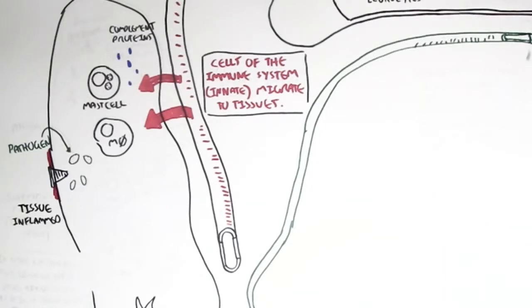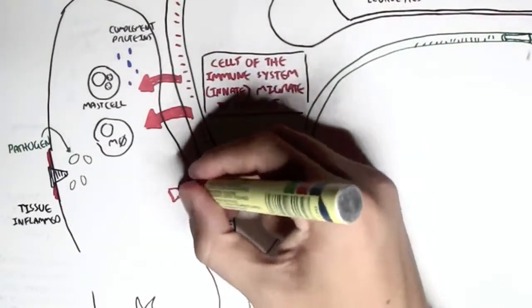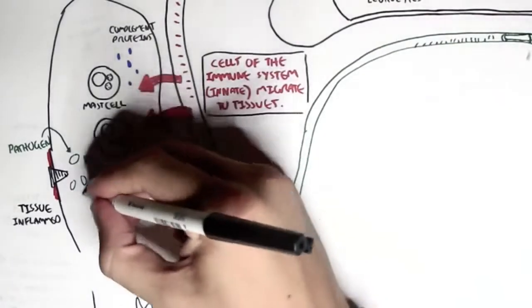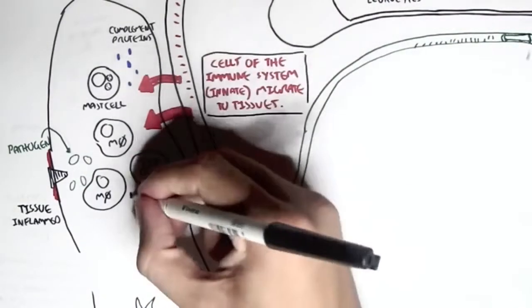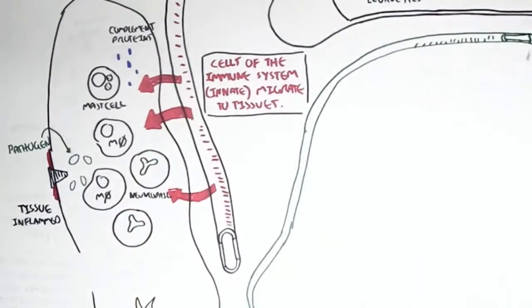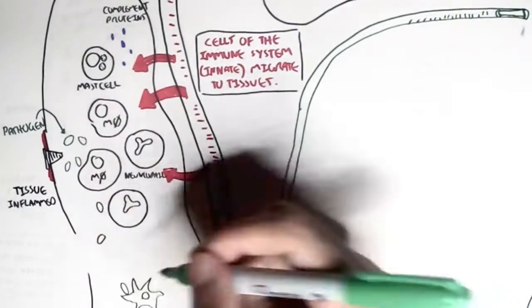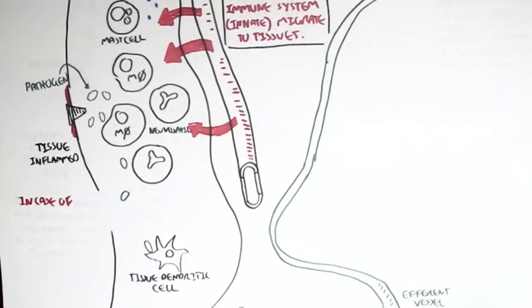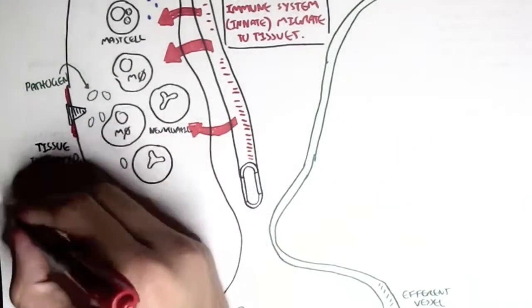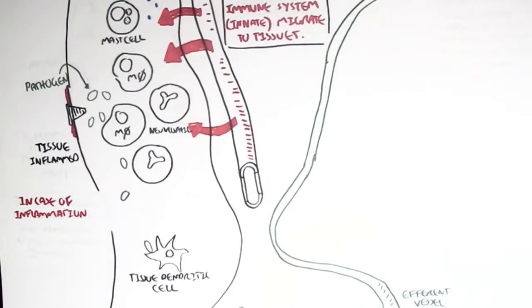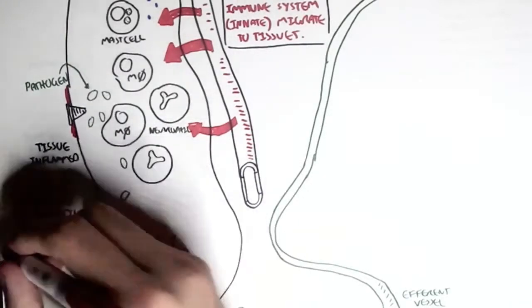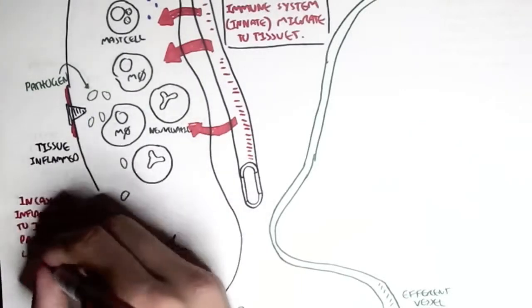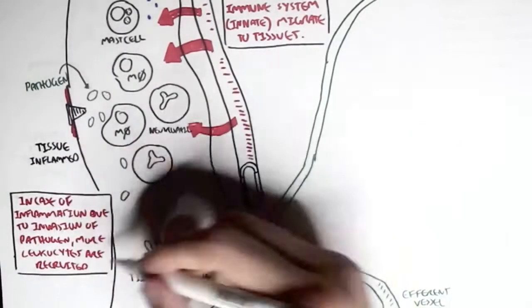The innate cells, such as the mast cells and macrophages, play a critical role, including the complement proteins, which help in the destruction process. Of course, more macrophages and neutrophils are recruited to the inflamed area, which potentially could be infected. So what happens is, in case of inflammation, more leukocytes are recruited by other leukocytes in the area to basically destroy the pathogen or to stop the pathogen in its tracks.